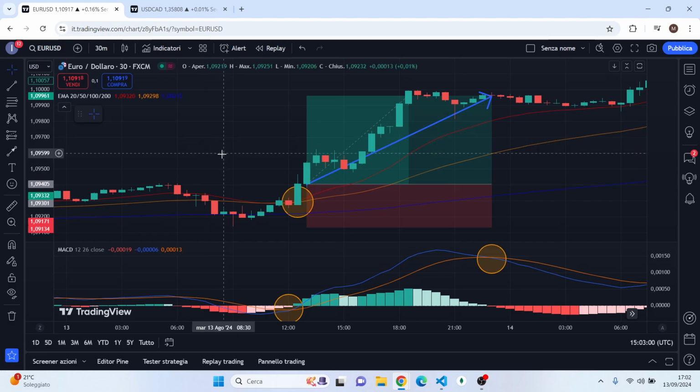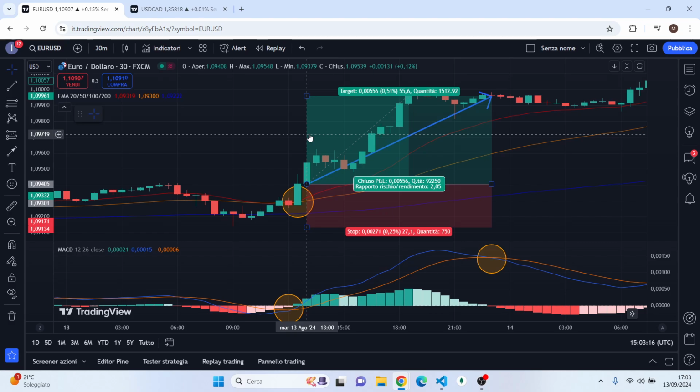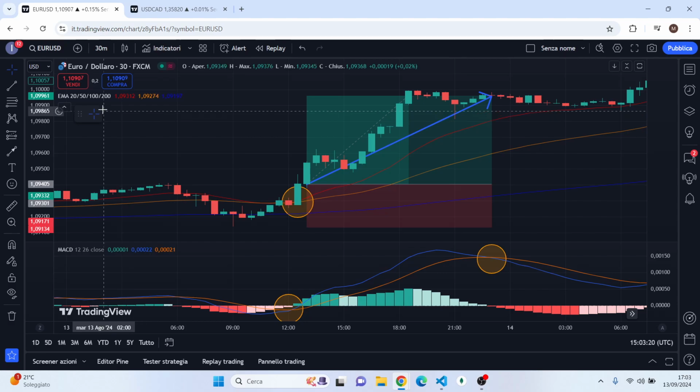So for this strategy, you have to check for 2 things basically. You have to check that EMA 20 is above EMA 50 and EMA 50 above EMA 200. It didn't say a specific EMA, but it only said to check for some EMA. I chose by default these 3 EMAs.